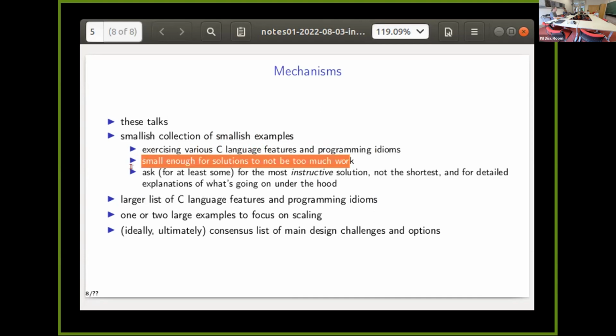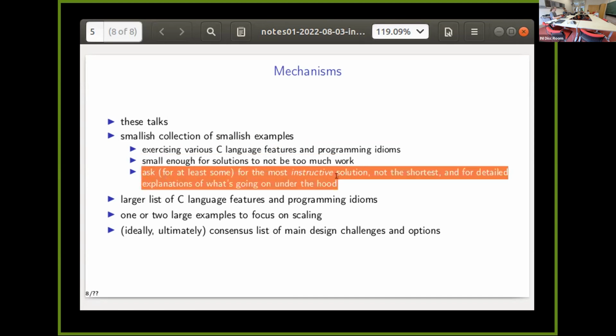And another thing that I think is maybe quite important is to aim not just for, can this tool solve this challenge, and if so, in what smallest possible number of lines or smallest possible number of minutes, but to aim for instructive solutions. Can this please show us maybe the shortest solution in your tool for this problem, but also the most instructive solution, and explain using it how the tool is working under the hood.